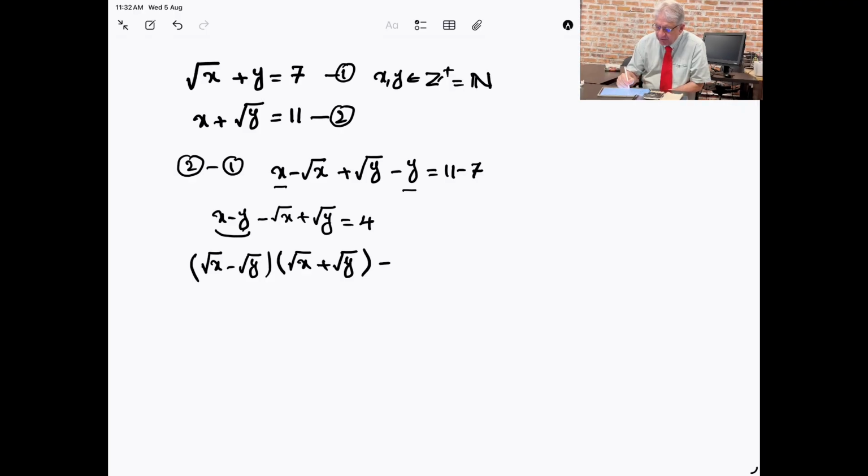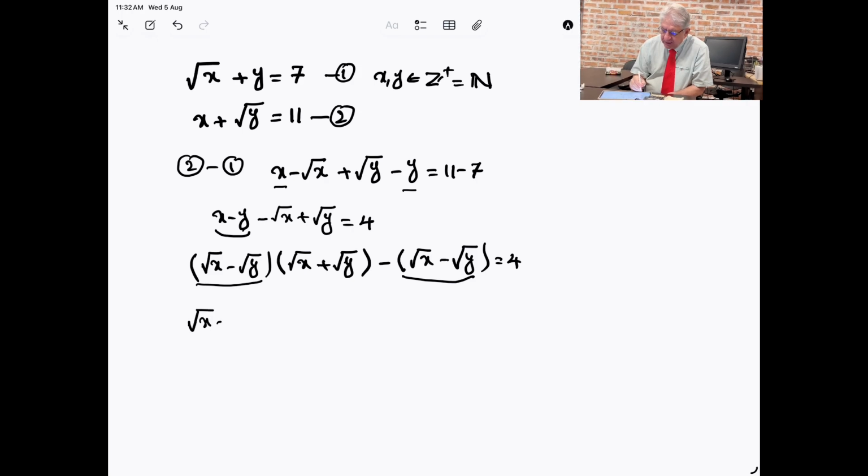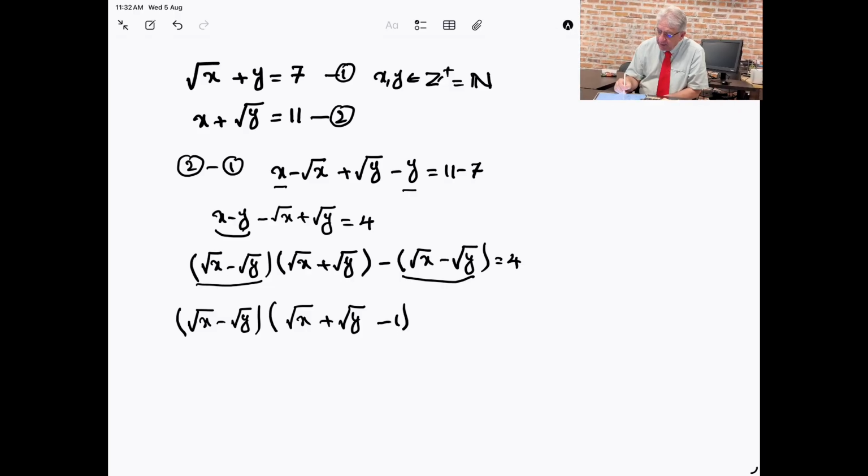I will factorize one negative from here, so I'm getting the square root of x minus the square root of y is equal to 4. Now you can see that these two are common. Therefore, the square root of x minus the square root of y is common. Then I'm going to get the square root of x plus the square root of y minus 1 is equal to 4.